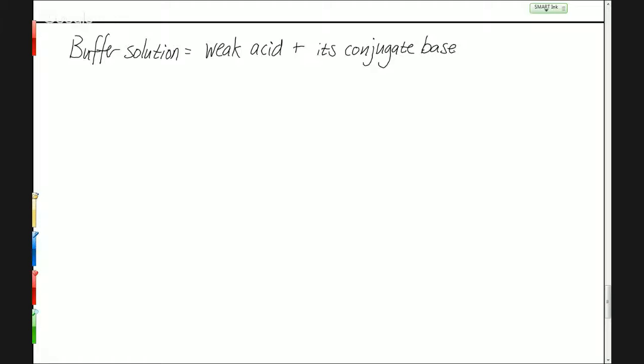So, for instance, let's take carbonic acid. Carbonic acid is a weak acid, H2CO3. What's the conjugate base of carbonic acid? Remember how to make those?